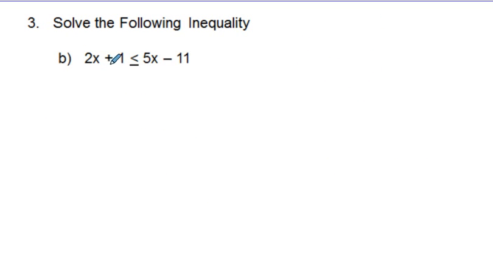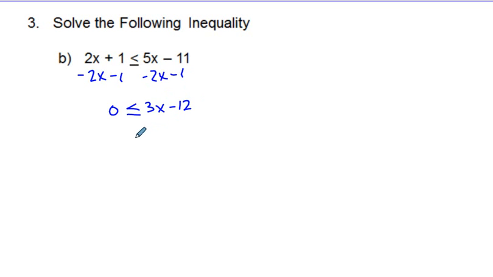Okay, here we have 2x plus 1 is less than or equal to 5x minus 11. So we can subtract from each side of the inequality 2x and 1. So we're going to have 0 is less than or equal to 5x minus 2x, or 3x, and negative 11 minus 1 is going to be minus 12.